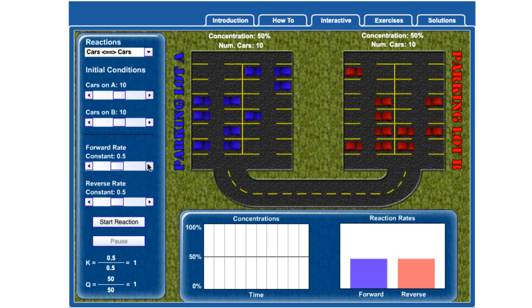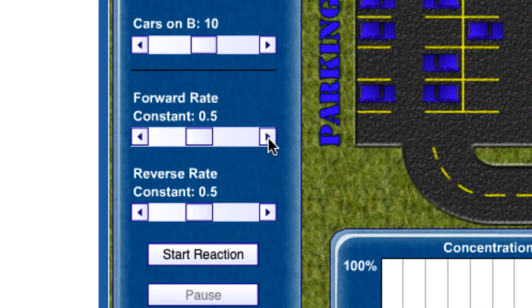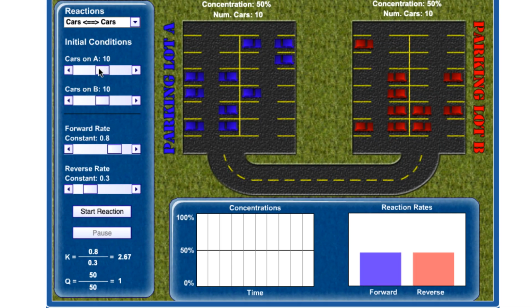So what I'm going to do is take the forward rate constant and make the forward rate from blue to red go faster, and I'm going to make the red cars going back to blue a little bit slower. And this time I'm going to start with all red cars. So let's see what happens.